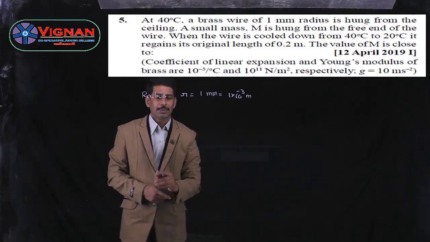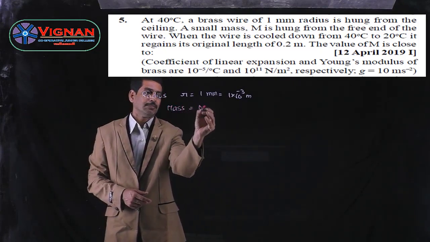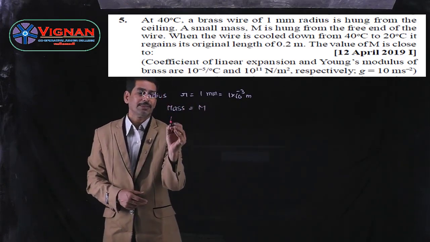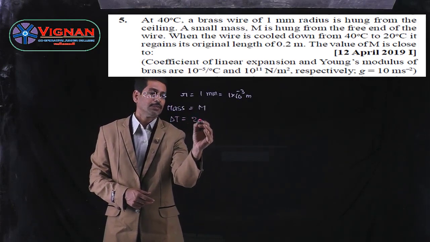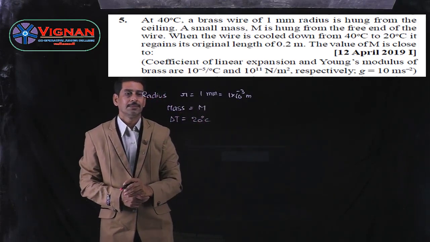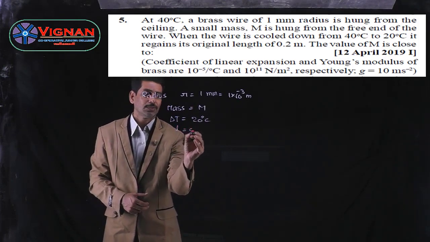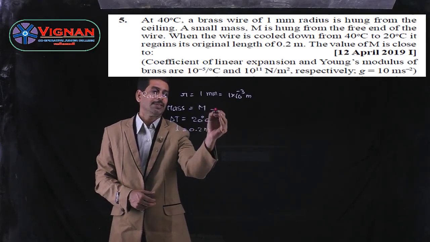A small mass is given as m, whereas the change in temperature is delta T equal to 40 minus 20 degrees centigrade, which is nothing but 20 degrees centigrade, and the length is L equal to 0.2 meter, and we are asked to find the mass.